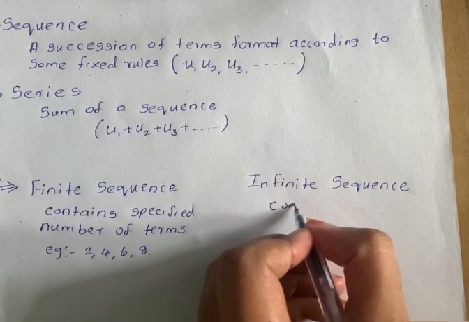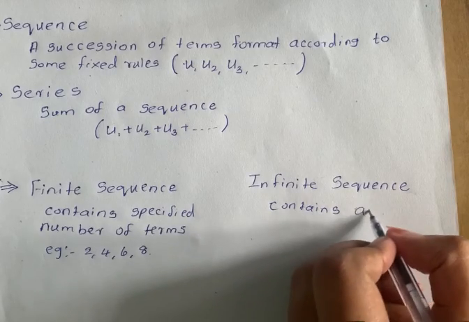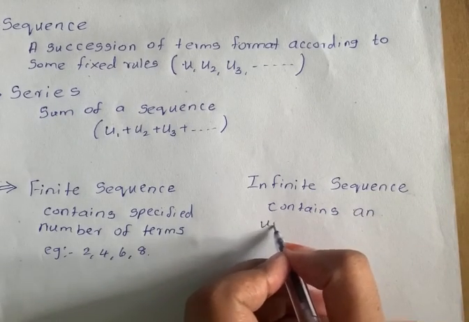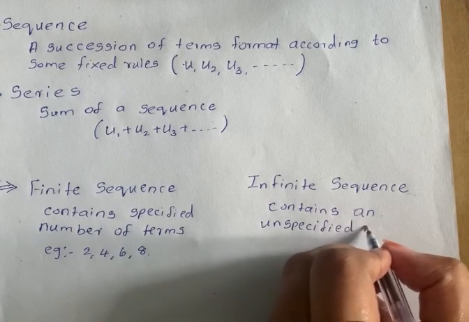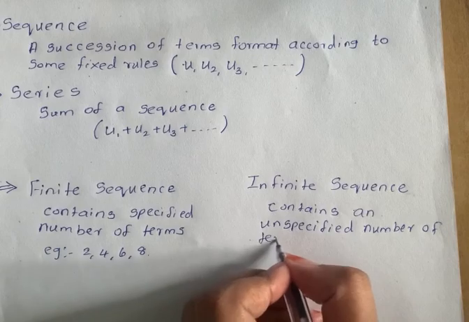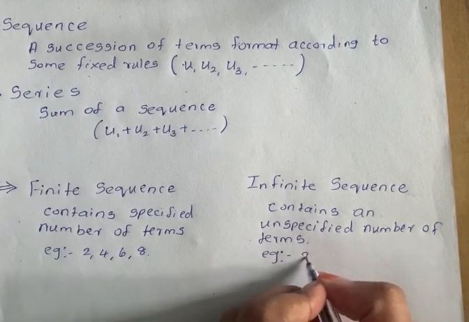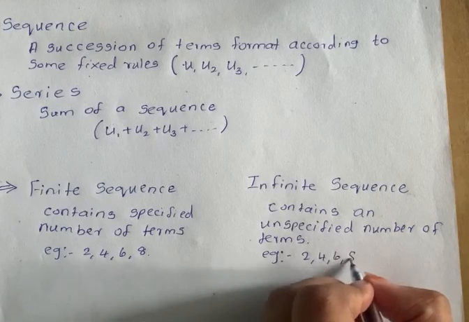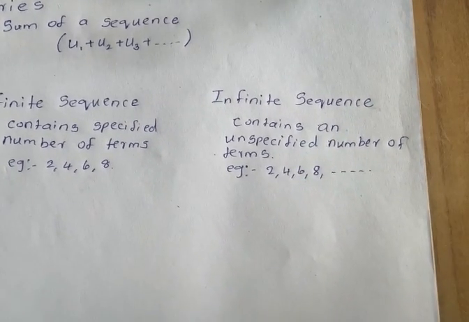An infinite sequence contains an unspecified number of terms. It will go up to infinity, so we cannot fix the number of terms. If we take the same example, we can write 2, 4, 6, 8, and it will go on in dotted lines.